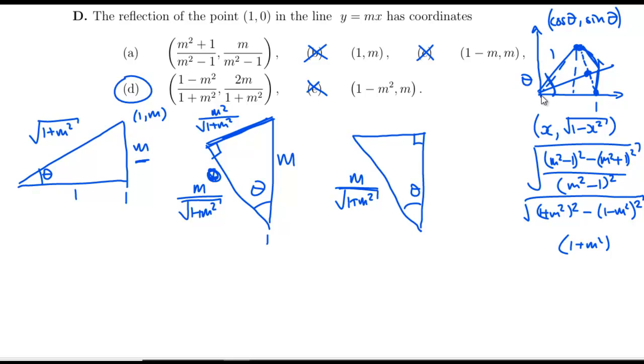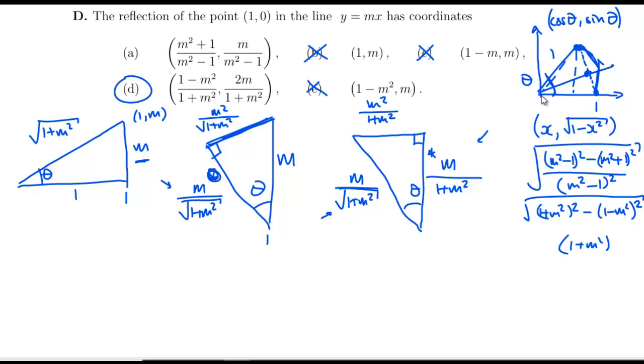So this vertical side was originally our 1. We've now scaled it by that, and then we've scaled it by that bit. So that's going to be m over 1 plus m squared. So that's what we've got for that side. And then our x side, which was originally an m, is now scaled by this thing again, so that's going to be m squared over 1 plus m squared.